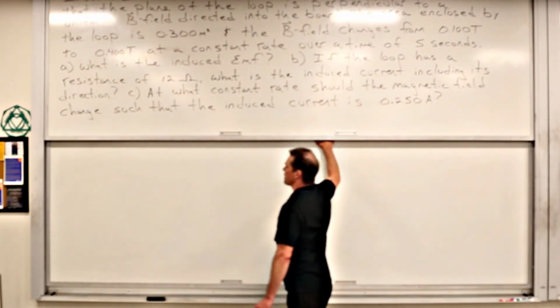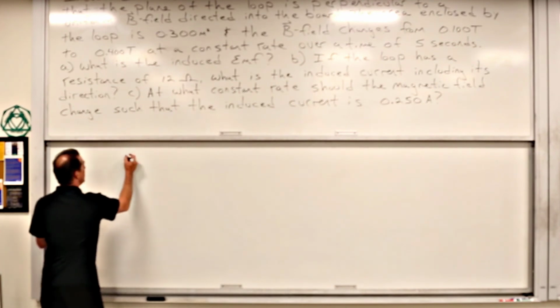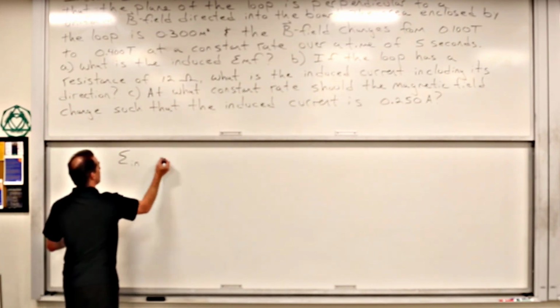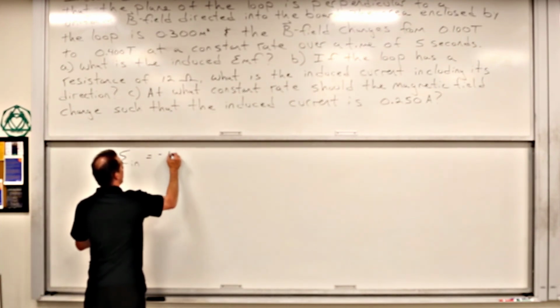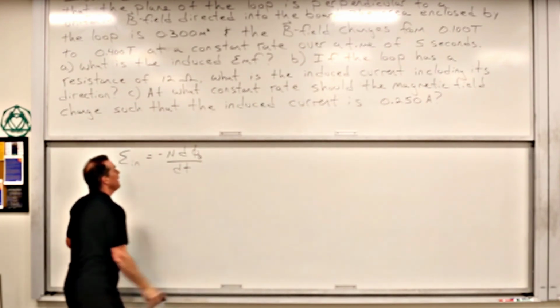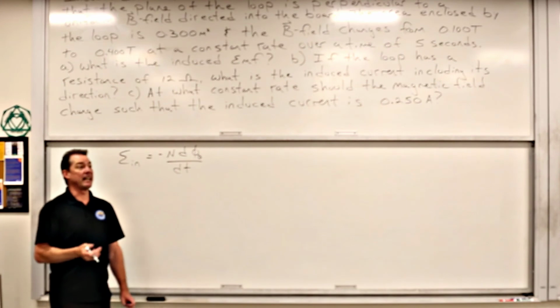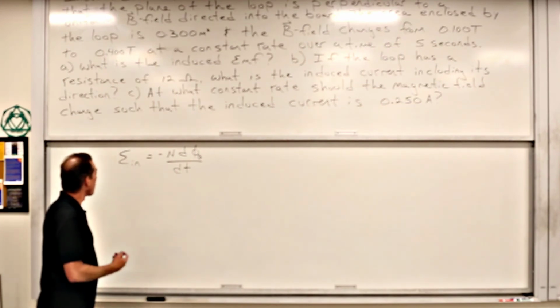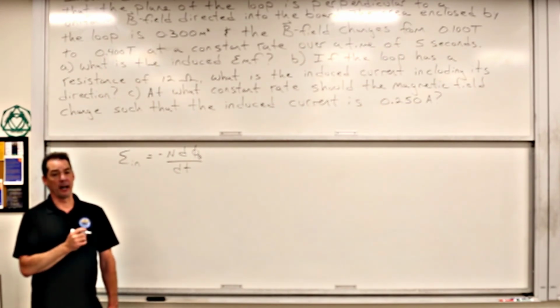As noted, we've got ourselves Faraday's law of induction that says the induced EMF is equal to negative N d phi sub B by dt. Now in this particular case, we're looking at a constant rate of change with respect to the flux.